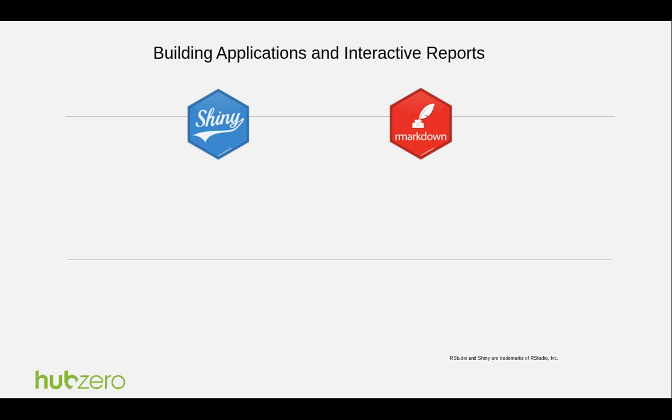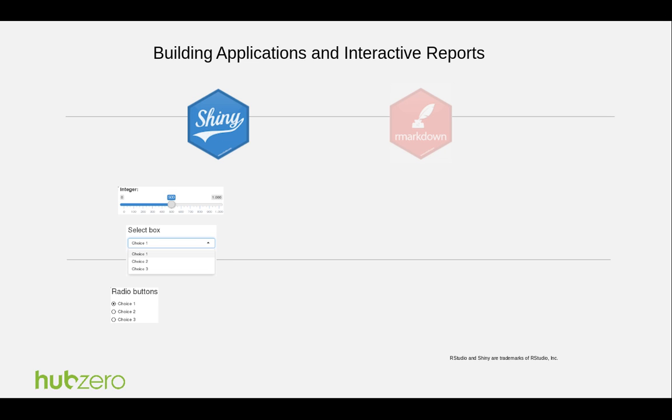Shiny is a toolkit that allows users to put together web applications. It includes things like normal input widgets that you'd expect: sliders, radio buttons, drop-down menus. And it also has a couple of output widgets like text boxes and static plots.